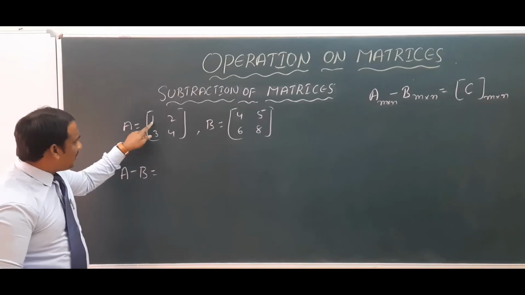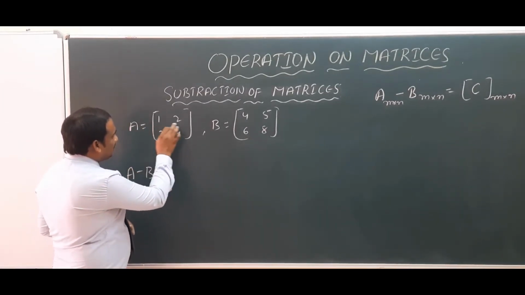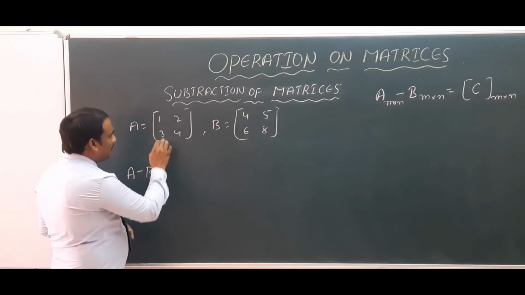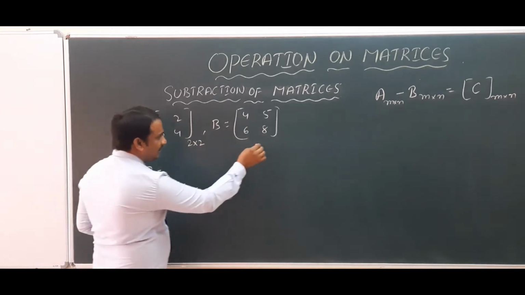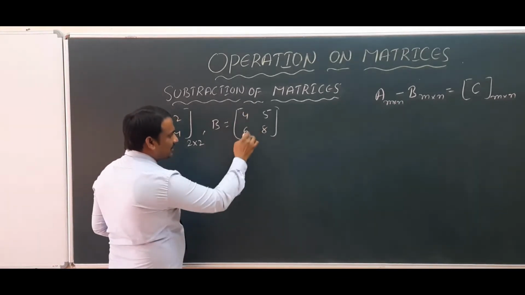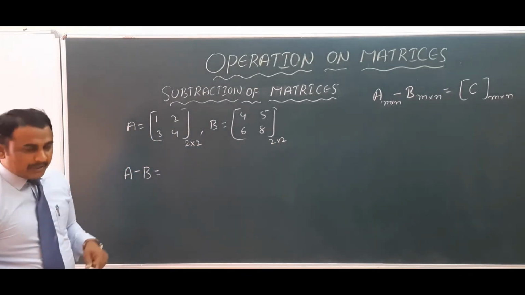A has first row, second row, first column, second column. This is a 2 by 2 matrix. B also has first row, second row, first column, second column, so 2 by 2. B matrix is a 2 by 2 matrix.